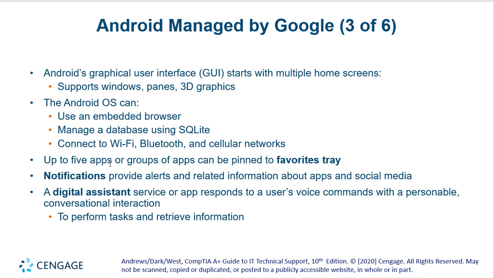Obviously in the favorites we can have our favorite apps, and it can be up to 5. And then we have our notifications and our digital assistant. In the iOS world you have Siri, and in the Windows world you have Cortana. So we have our digital assistant. We can say, okay, Google, and it will respond.